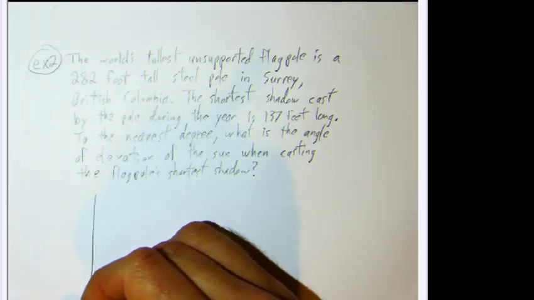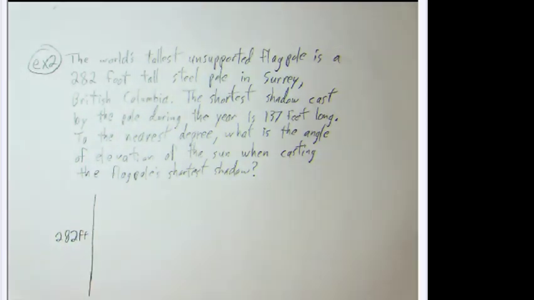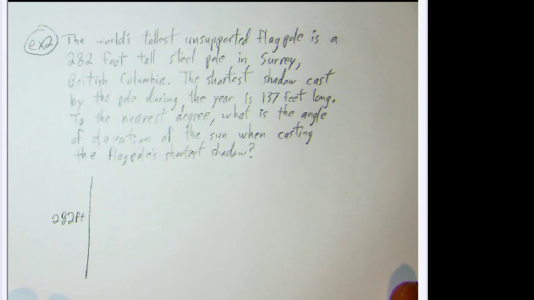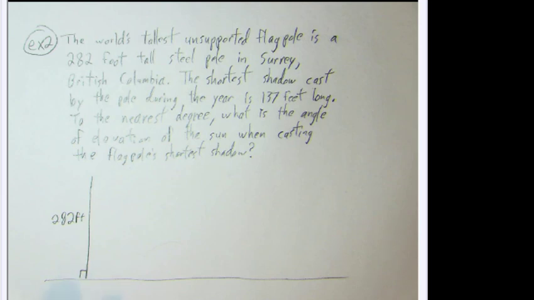Here we have our flagpole. It's 282 feet tall. We have a ground here. And that's going to be vertical because it's a flagpole. Of course it's vertical. So now, the shortest shadow cast is 137 feet long.